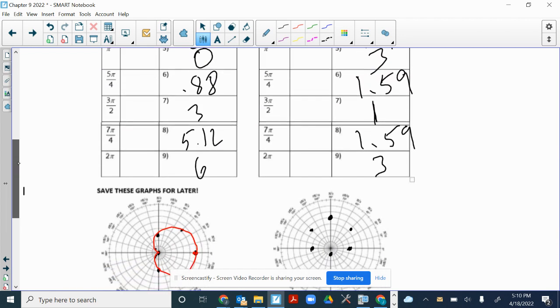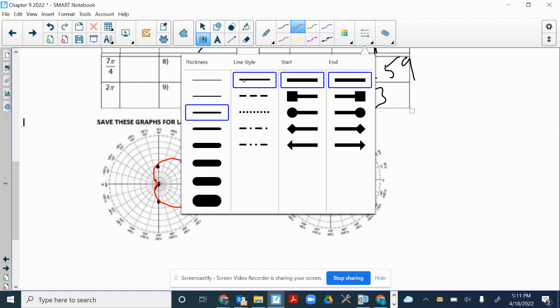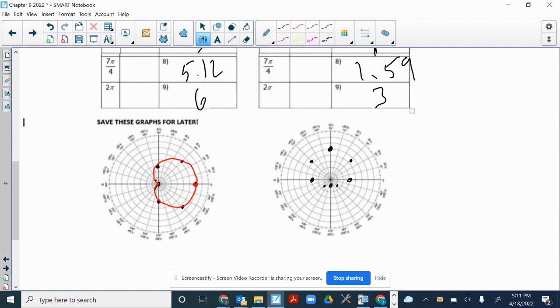Sorry, 1.59 for 5 pi fourths. So it's usually helpful if you go in order, because then you can kind of see how you're going to connect it, because at 2 pi, you're back to where we started. So this guy, if we connect it from where we started in order, again, a somewhat nice curve.